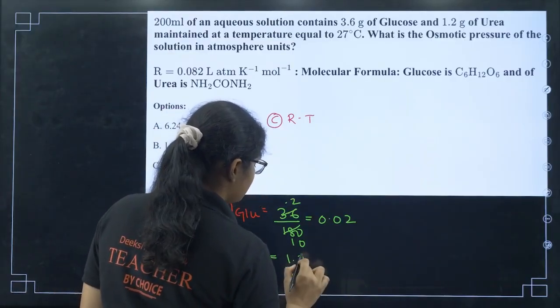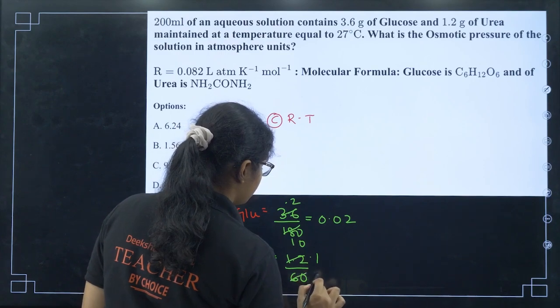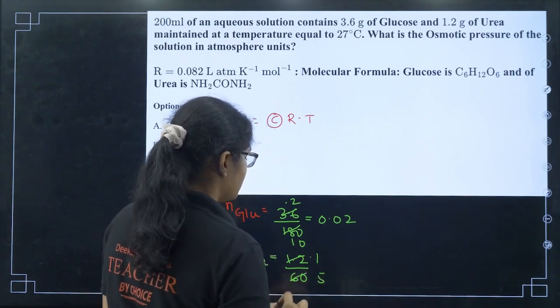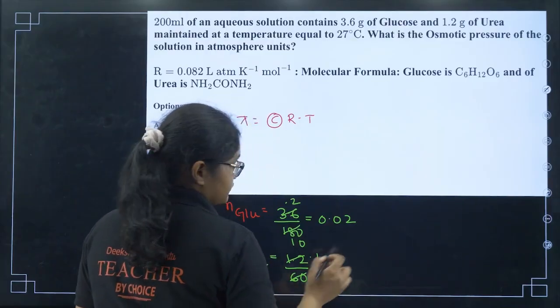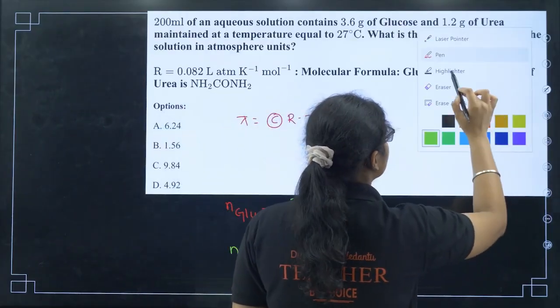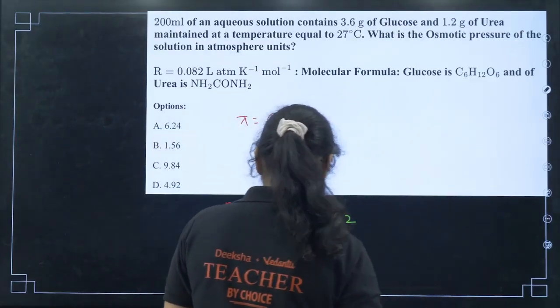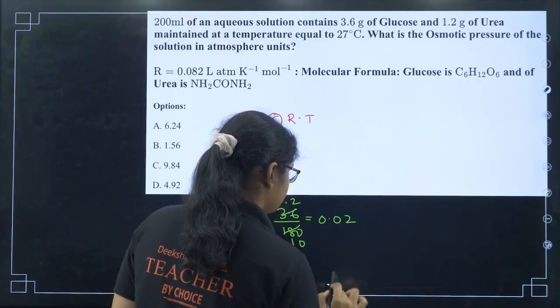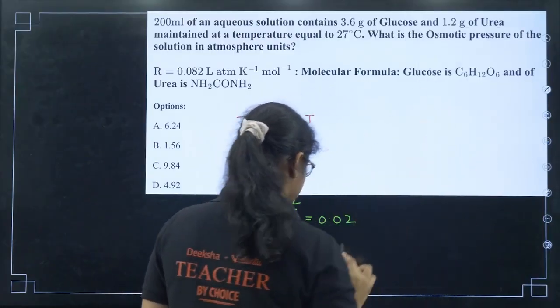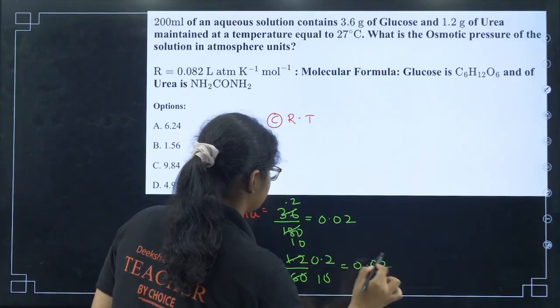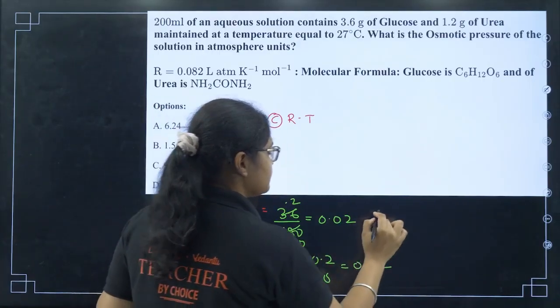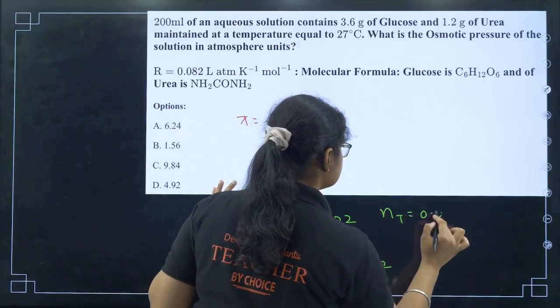Let me do a better calculation. I am little weak in calculation, students, so please forgive me. So that will also give me 0.02. So the total number of moles will be what? N total will be 0.04.